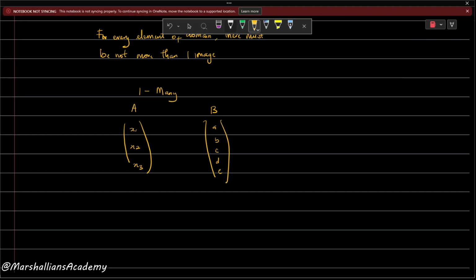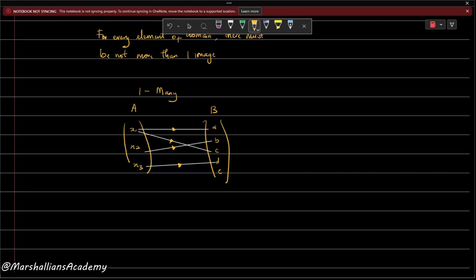Now look at it. Let's try and draw a map for this. I'm just drawing arrows so you know the direction the relationship is going. Now if you look at this, element x1 has more than one image.